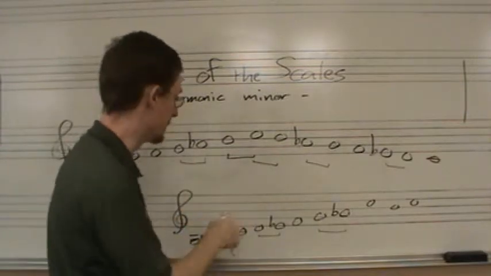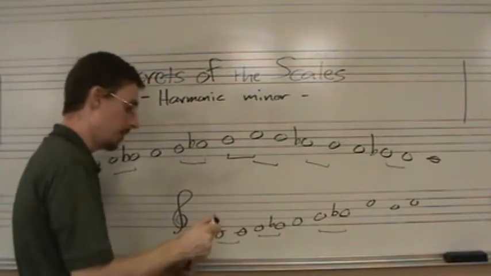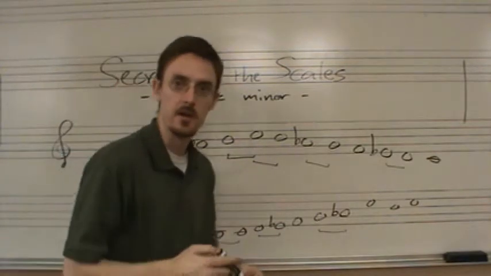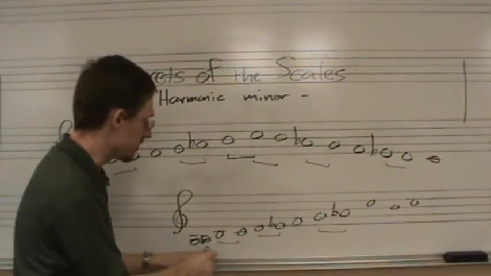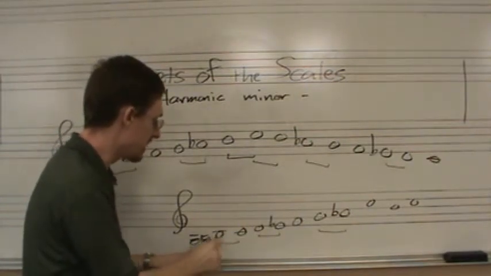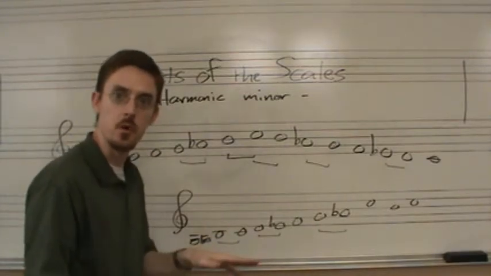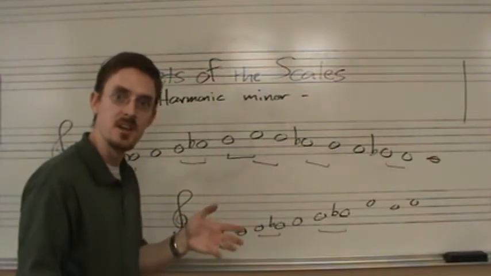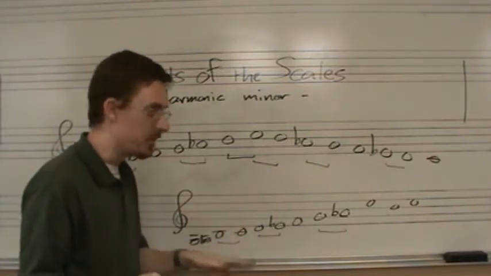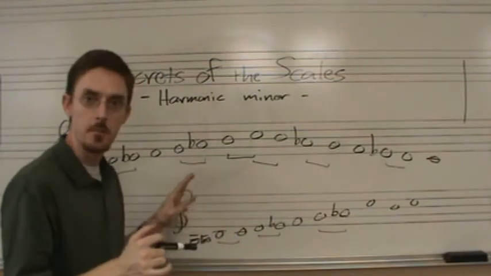So going straight from ti to sol, le, sol, dropping the third there instead of the augmented second interval. Okay, so very rarely melodically will you cross this interval adjacently, unless of course the composer is looking for that specific feel that makes use of that augmented second interval. But that's one of the main and important secrets of the harmonic minor mode.